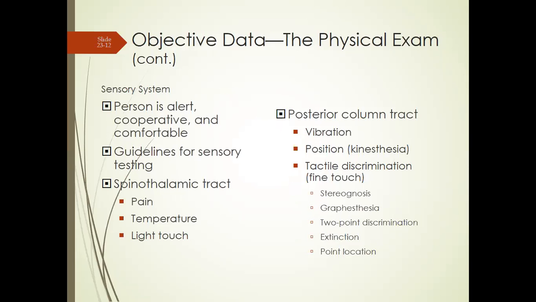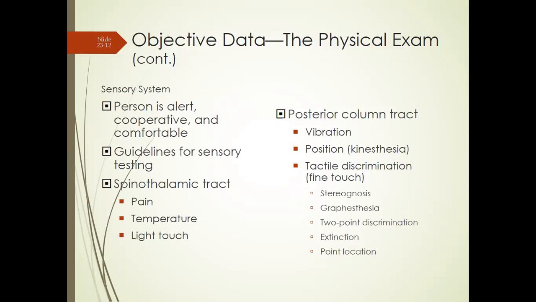Now, the sensory system, where the person is alert, cooperative, and comfortable. Guidelines for sensory testing. For the spinothalamic tract, we can assess the sensation of pain, temperature, and touch.